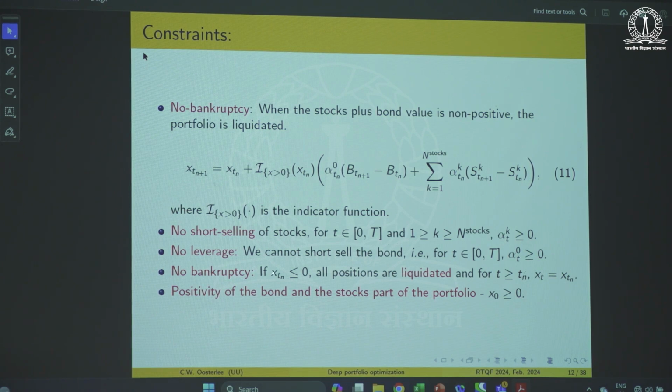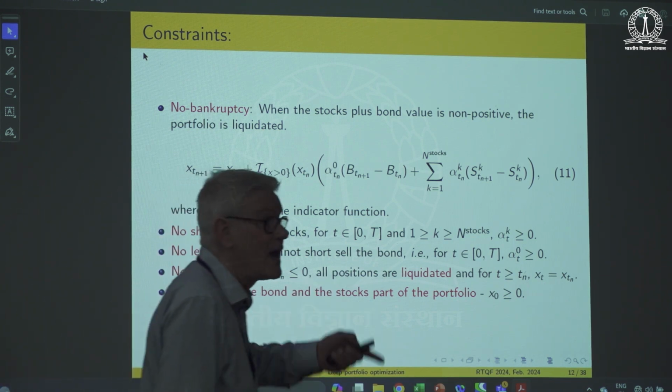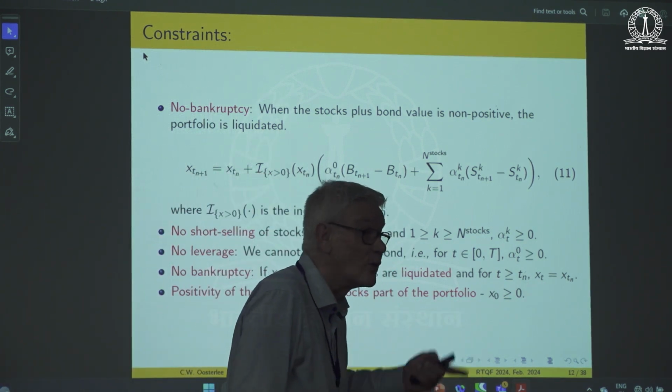So if x at Tn is less or equal to 0, then all positions should be liquidated and we stay with the value at Tn. And positivity of the bond and the stocks part of the portfolio, that is that at initial time, the initial wealth should be non-negative. So all these things have to enter our neural network story.